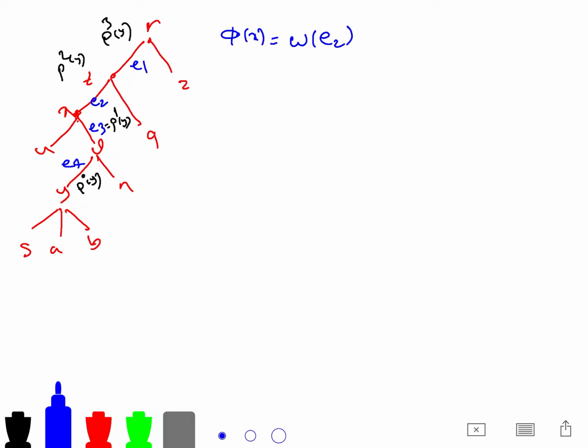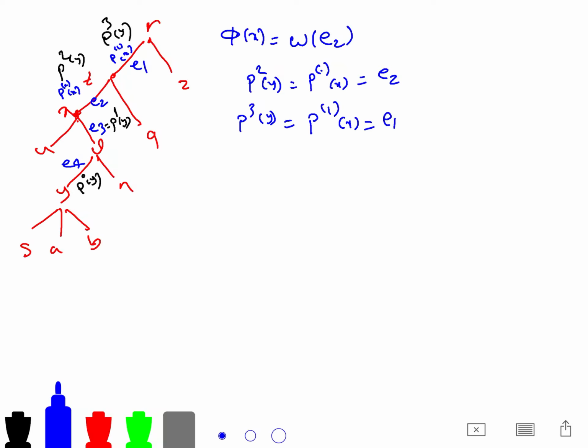Of course, for traversing x, we have P0 of x, and here is P1 of x. And as you see, P2 of y is just P0 of x, and this is E2, for example. P3 of y is P1 of x, and this is E1. So you got the idea.